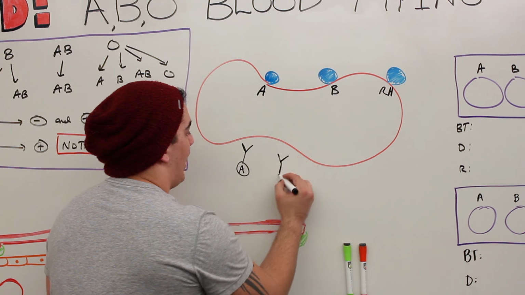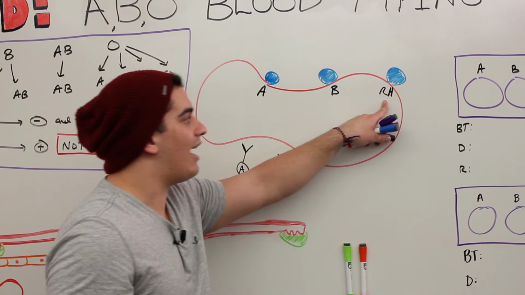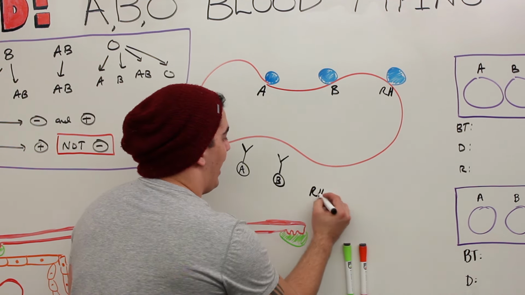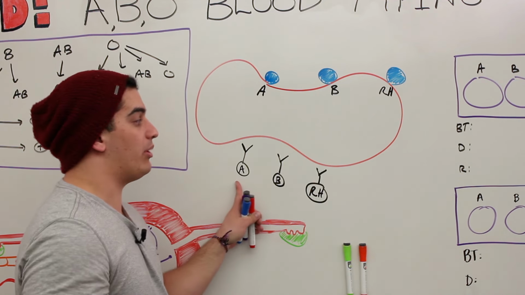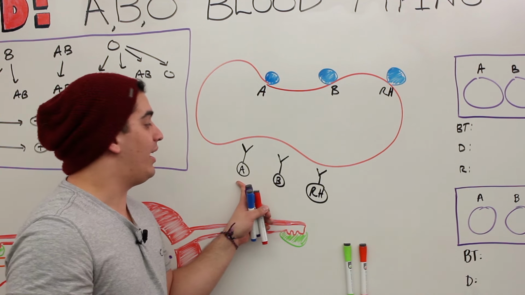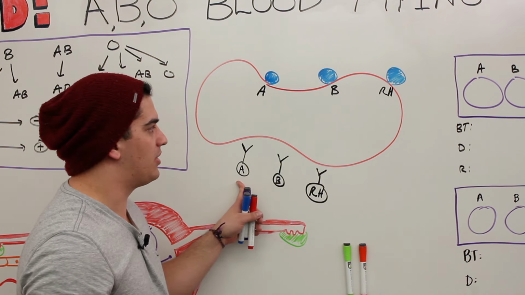They would have anti-B antibodies. And let's say this person did not have the Rh antigen on its cell surface; it would have Rh antibodies. These antibodies come from our immune system and are designed to protect our blood from getting any type of incompatible blood. We'll talk about what that means specifically in a second.